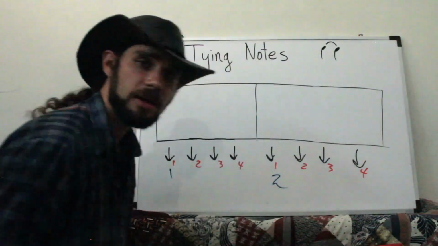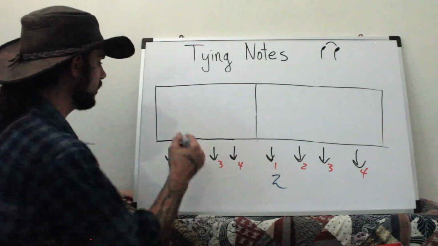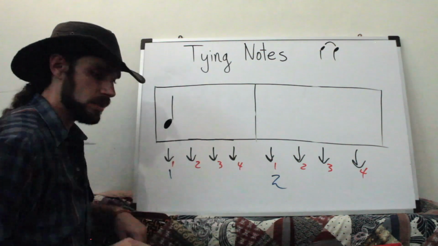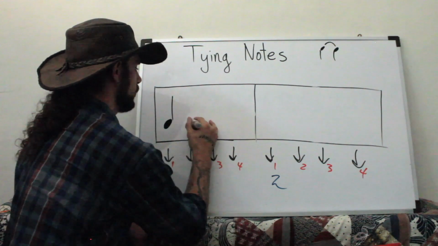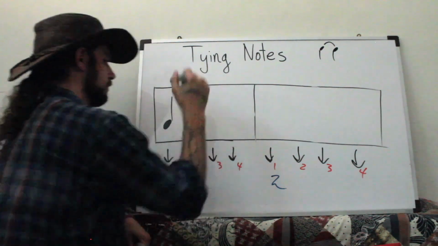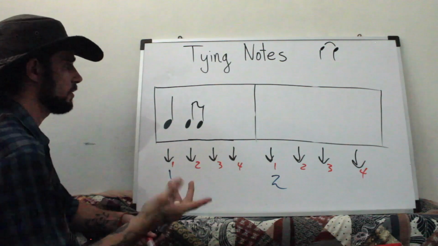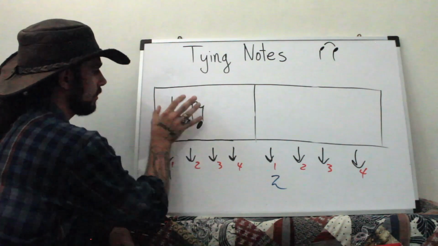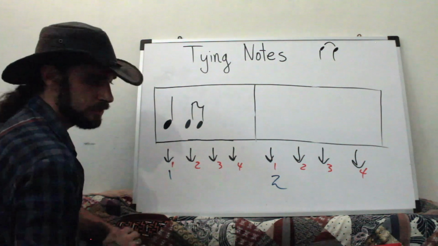All right, let's look at another example. So here we've got a quarter note. Got 2 eighth notes. If we had our imaginary line here, we can see that this is a unit. This is very easy to read.